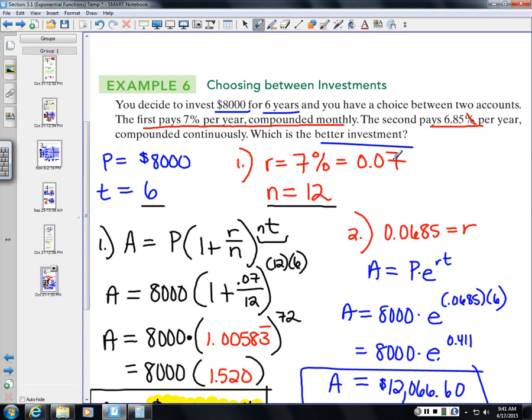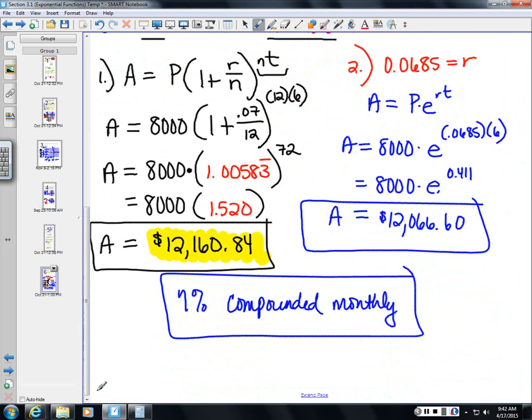One thing is, don't just always go with the one that has the higher interest rate. Depending on how it's compounded, it will change your numbers. So you don't just automatically assume it's going to be the higher interest rate. It can come out that the smaller interest rate will give you the most money depending on your compoundings. Okay, so that's just one application of how you can use the e.